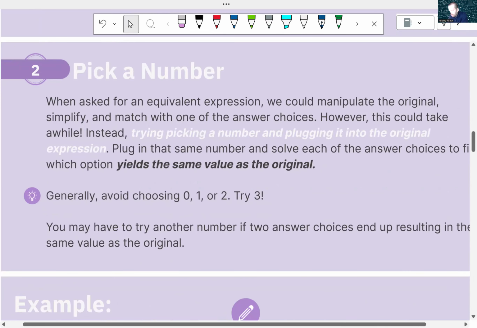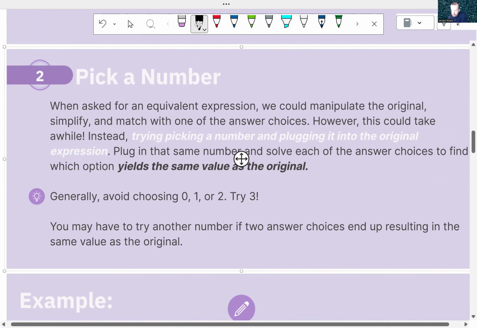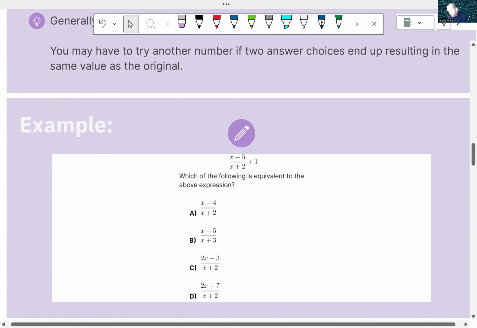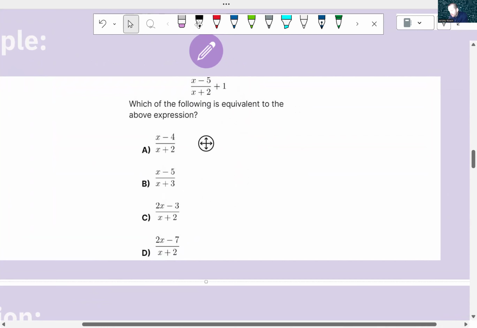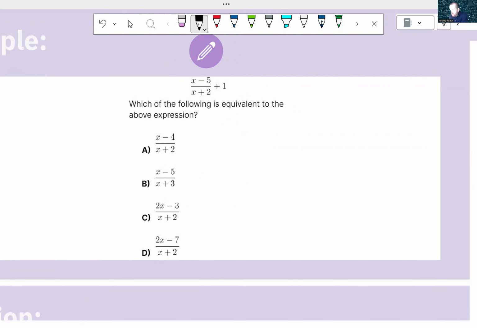So pick a number. It says avoid -1, 0, 1, or 2. Try 3. I like to use 5, but here I think they did 3. So it says, which of the following is equivalent to this expression up here? We want to figure out what is equal to that expression.